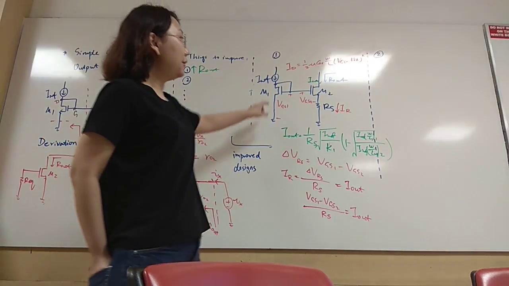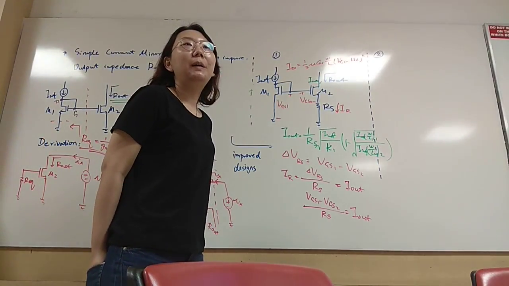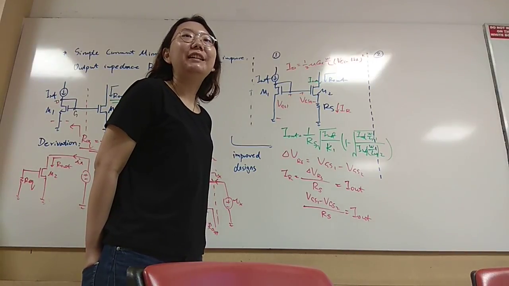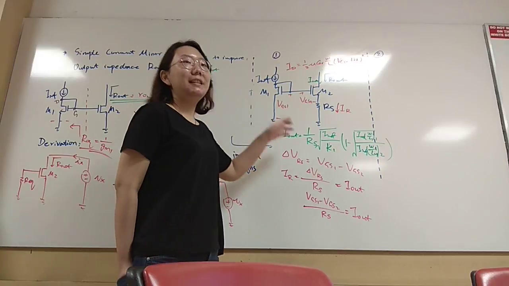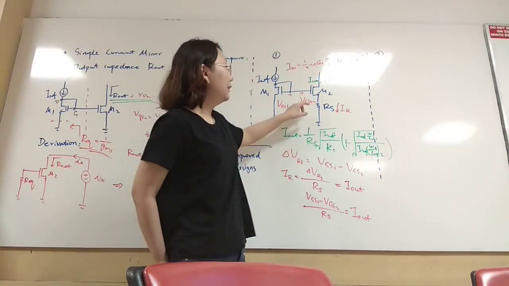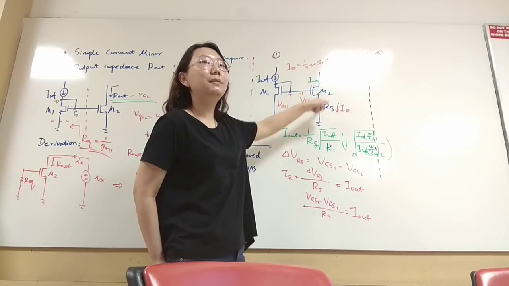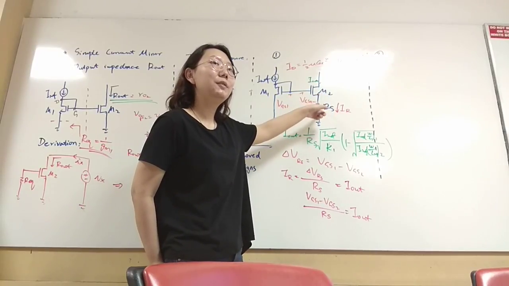So if I change this MOSFET into a BJT, then how? The current will just be the BJT current, right? It's the same method. We also find the voltage difference across this resistor, then I found the current flowing through this resistor.